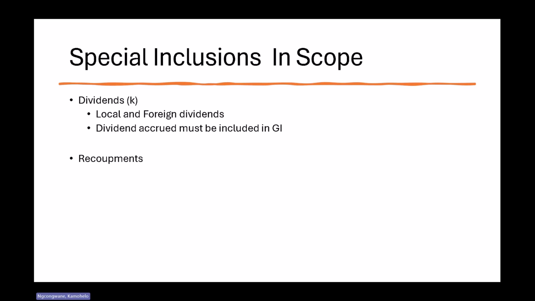Is there an exemption that's related to my activity, be it I'm a religious institution or I run a pension fund or I run a retirement annuity fund? If the answer is no, no exemption. Is there an exemption related to the type of income? So is this a local dividend that's exempt in terms of Section 10(1)(k)? The answer is yes, you exclude it as part of your exemptions.